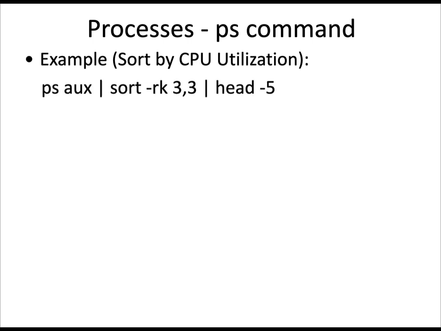We use the ps aux command to give me all the processes. We then sort in reverse numeric order. The k is for column. We want to sort on column 3 to column 3, which is just column 3. And then we pipe that to head -5, which will give me the top 5 lines of output, which will equate to the top 5 running processes.